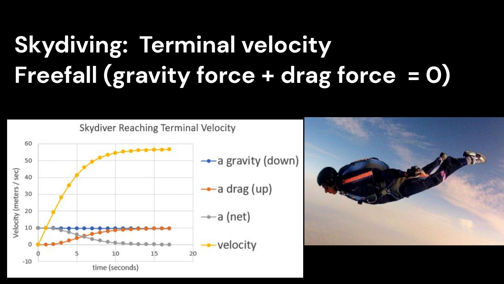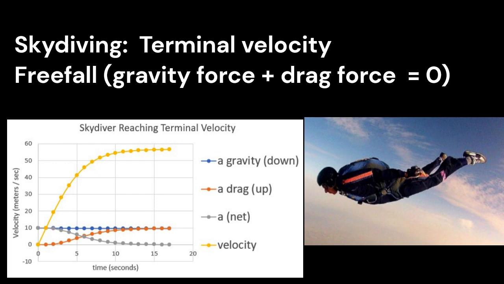Now, when we say the word free fall, we often think of skydiving. And an interesting thing happens in skydiving. You can look at the graph. The acceleration due to gravity is a constant force, or almost constant, because gravity gets a little stronger as you get closer to the Earth, but it's relatively constant.